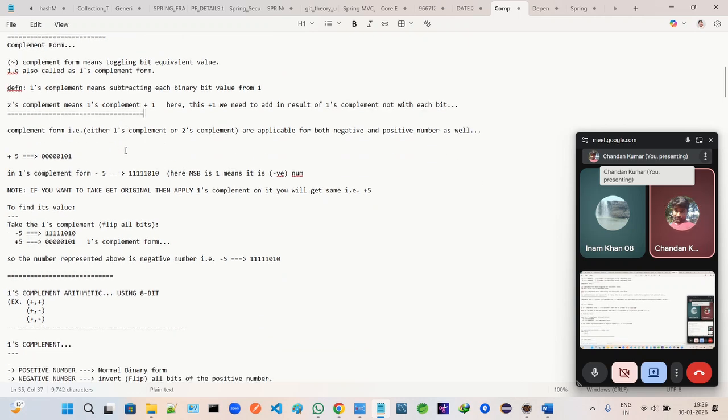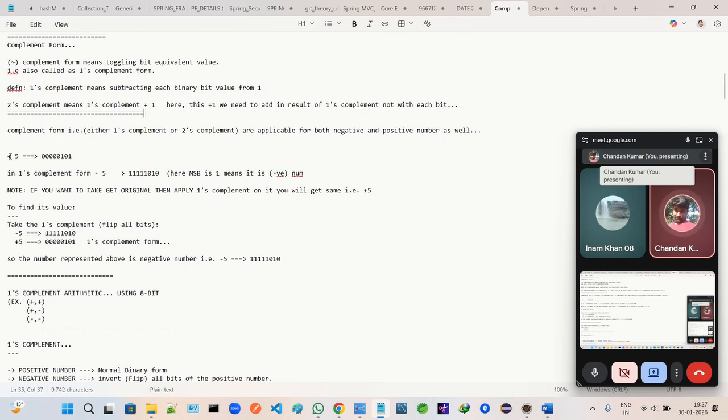So either one's complement or two's complement is applicable. Remember one thing: one's complement or two's complement are applicable for both negative and positive numbers as well, right? Suppose you have plus 5, so what is the plus 5 representation in 8 bit?